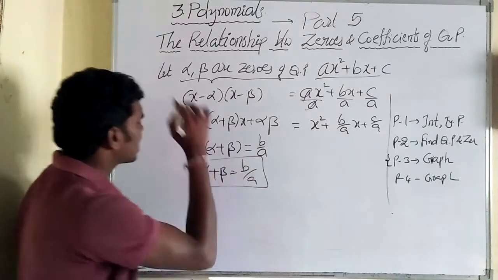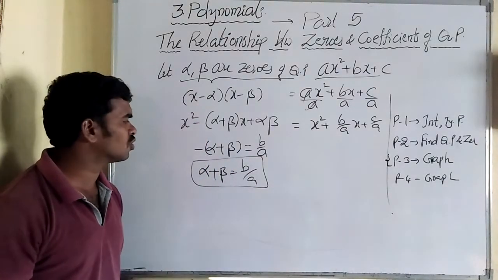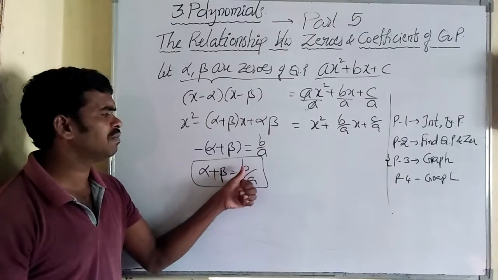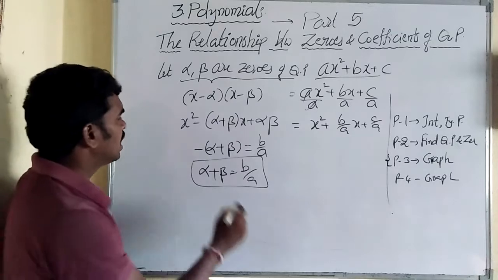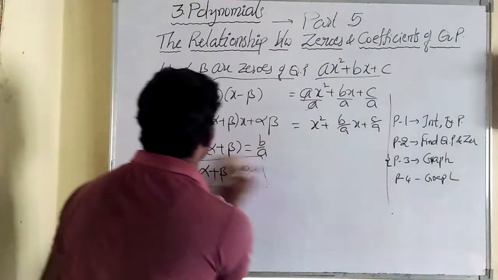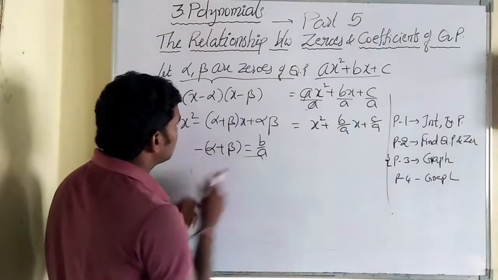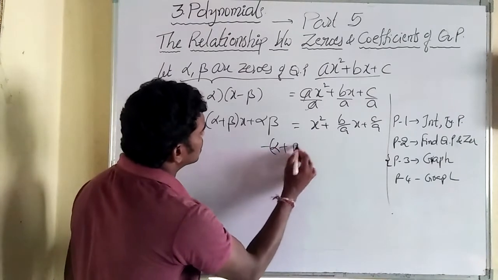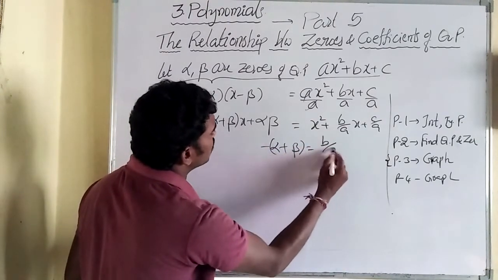So here I am writing minus of (alpha plus beta) equals b by a.